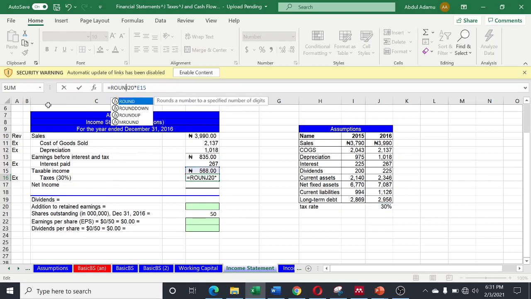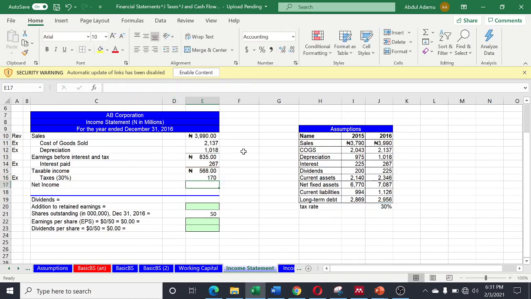So this is our number, comma, we round it to 0 decimal places. That is the number of digits, which here is 0. You close, you press enter. In that case, this number is rounded to a whole number.